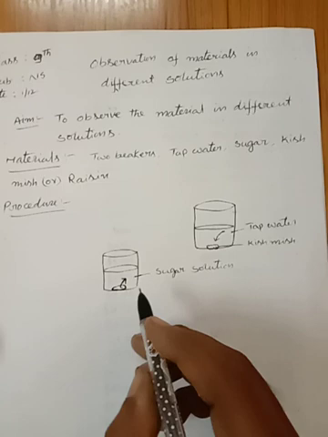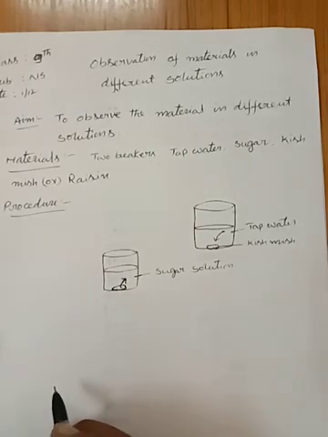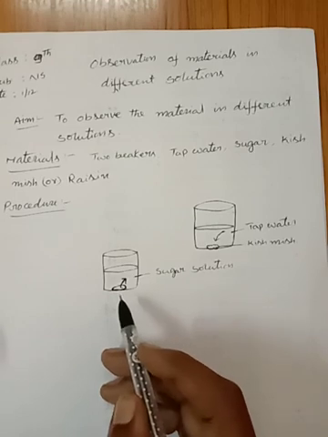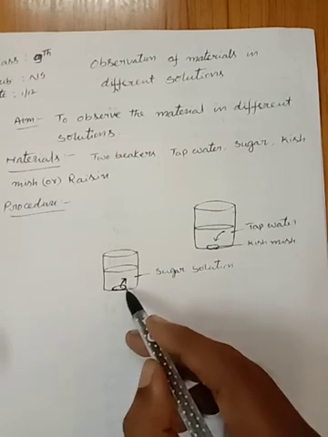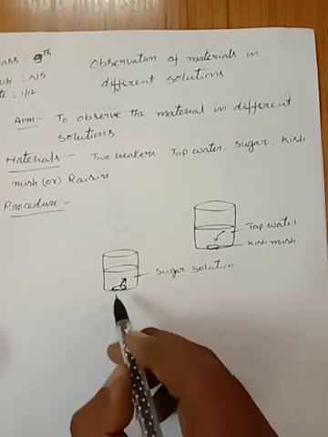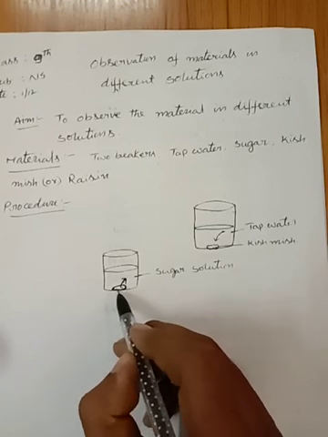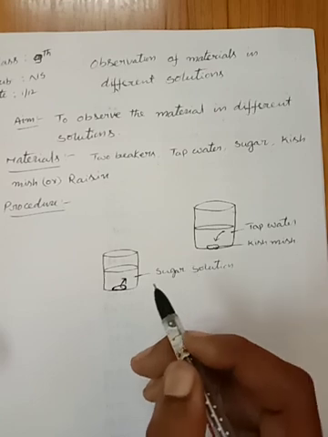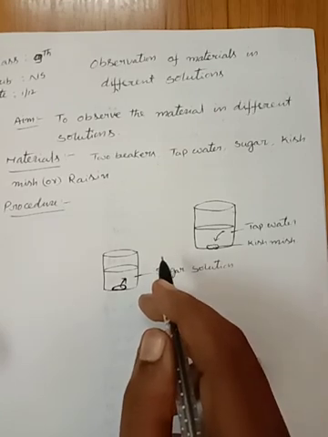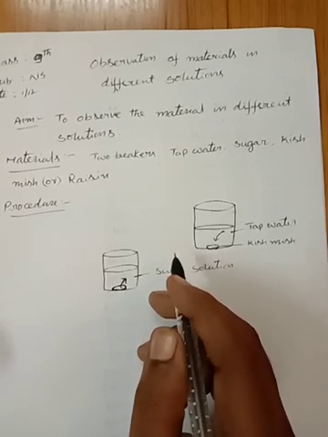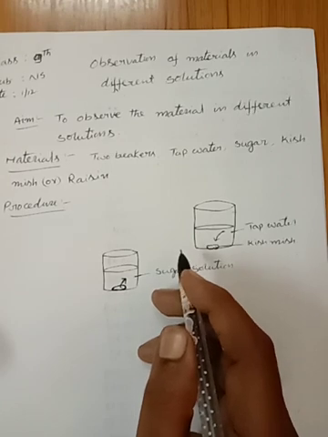So in the osmosis process, water always moves from lower concentration to higher concentration through a membrane. This membrane is known as a selectively permeable membrane.